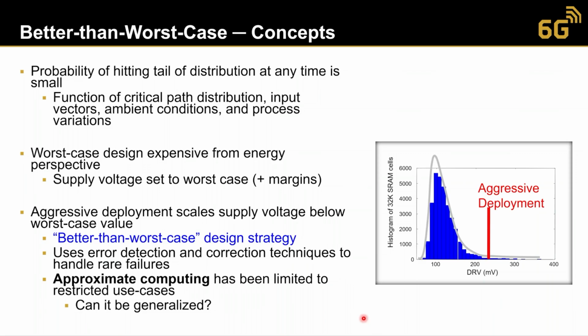And if you start to tolerate the errors, then one thing that it leads to is approximate computing, which has been known for a while, but there is not really a general use case for approximate computing. Let's see whether we can find one.